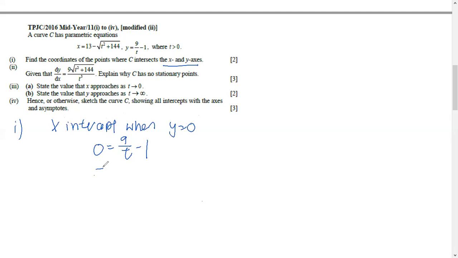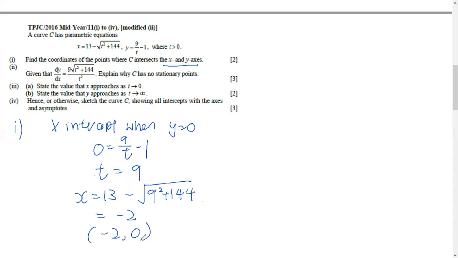Over here, t, if you work it out, will be 9. Using this t value, we'll sub it into the x equation. This is what I mean by going through the intermediate values: you need to find your t. In this case, you'll get x equals minus 2. So your coordinates here will be minus 2 and 0.